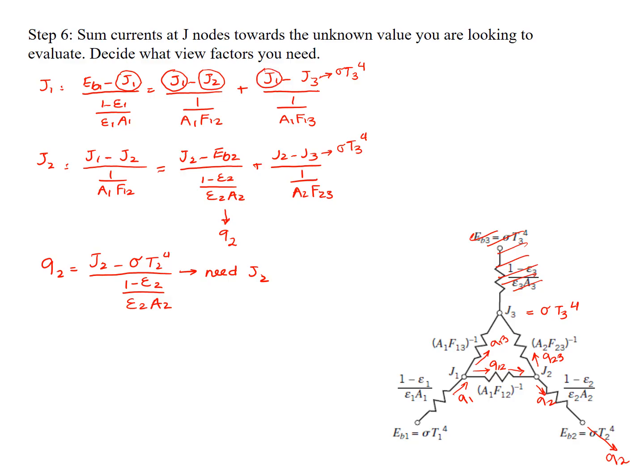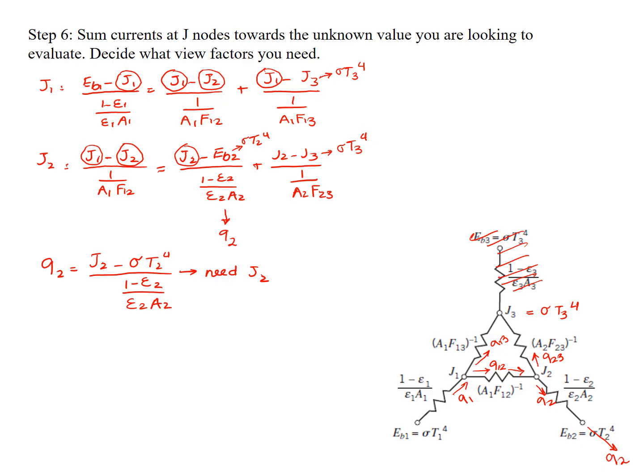Again, J1 is unknown. Eb2 is my Stefan-Boltzmann constant times T2 to the power 4, and I know that one. How about the denominators? The areas are all known for me and the view factors are all unknown for me.